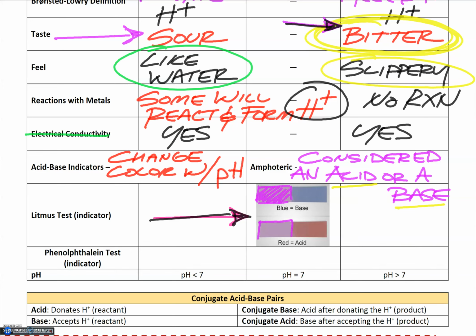Then when you put it into a base, the part of the paper that gets wet with the base is going to turn blue. So I always think of litmus paper as blue for base. If you put it in an acid, then the paper would turn red. You only get one of these, so it's not going to do both things. It's either red for an acid or blue for a base, but not both. So just remember blue for base for litmus paper.